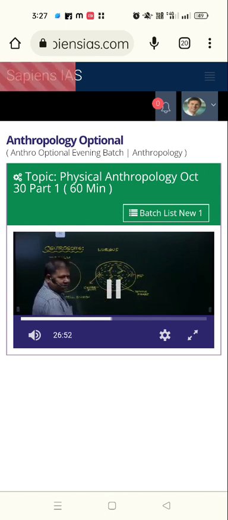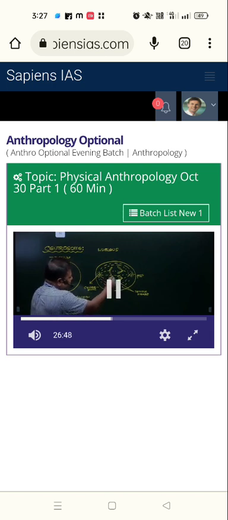These are the spindle fibers. They pull as well as push chromosomes towards poles. So that's why I have written that it helps in cell division.